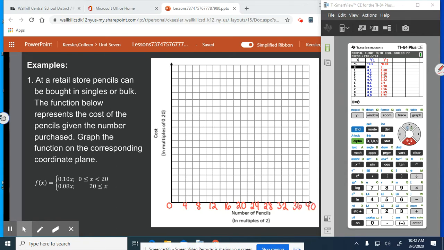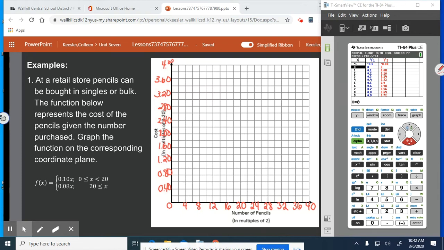And then our cost is in multiples of 20 cents, so I'm going to do multiples of 40 cents every other. It's going to get you up to $4 at the top.